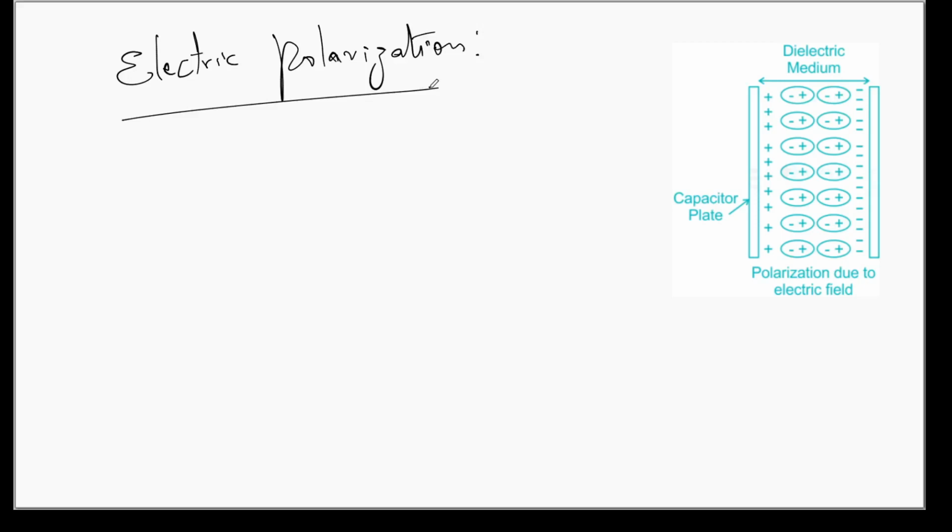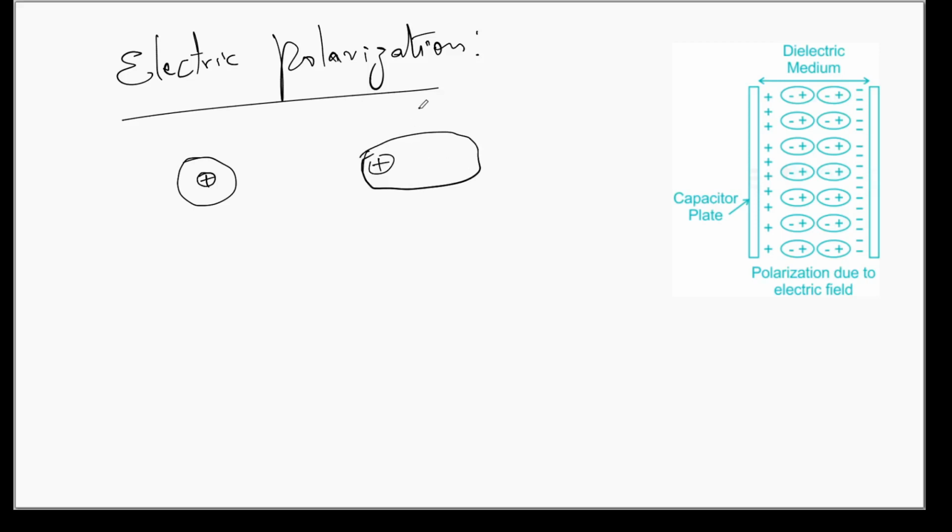Now we shall discuss electric polarization. Suppose you have an atom. Say it has a nucleus like this, and all around that you have the electron cloud. And if you place this atom in an external electric field, the nucleus will be displaced from its mean position and slightly moves away from its mean position, and you have the electron cloud changing its shape into something like this.